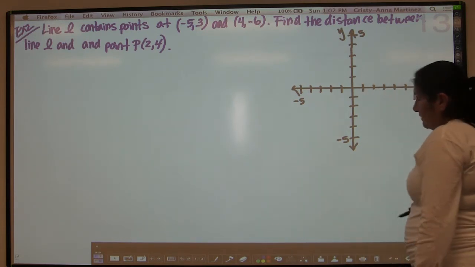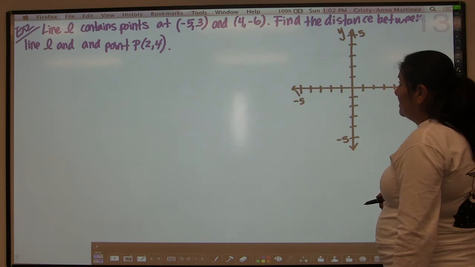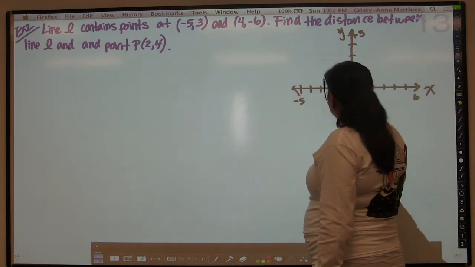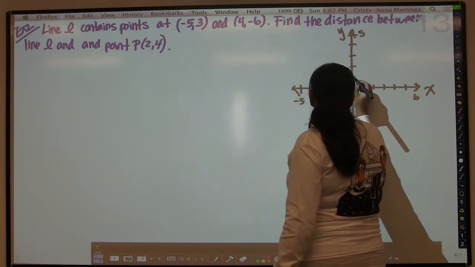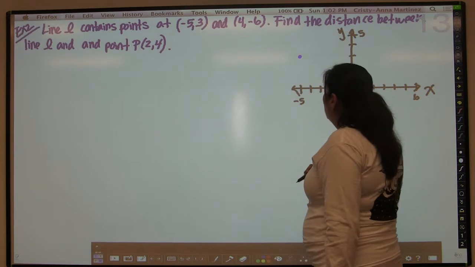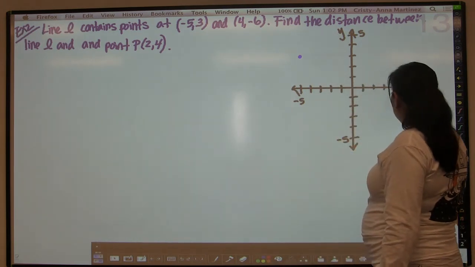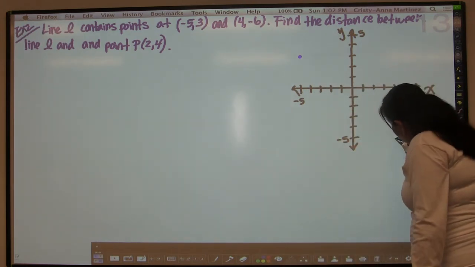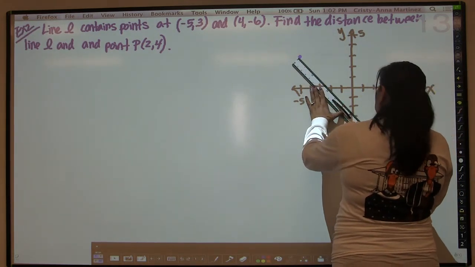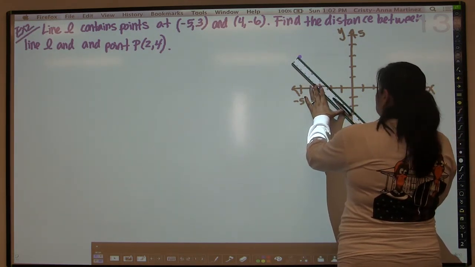Okay, so it says line L contains points at (-5, 3). So -5 is over here and 3 is up here, 1, 2, 3. So (-5, 3) is roughly there. And (4, -6) is 1, 2, 3, 4 across, and this is -5, so this will be a little bit further down. And let's see if I can make these little guys connect.